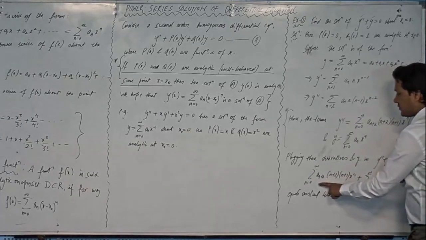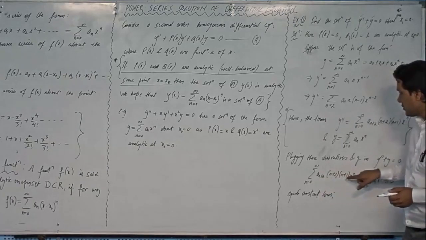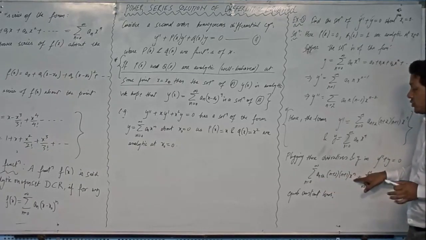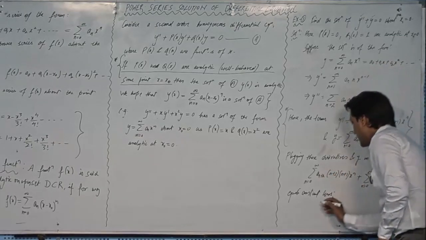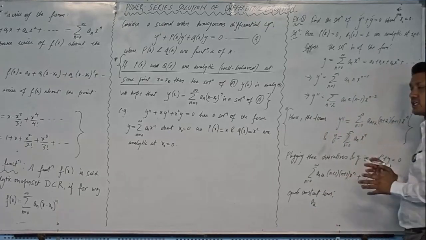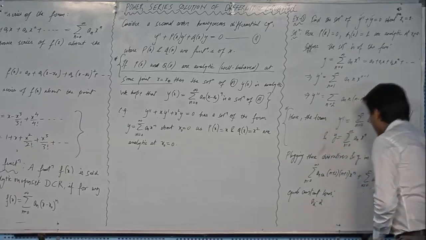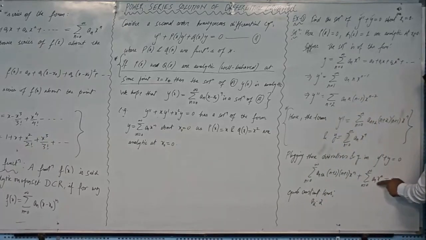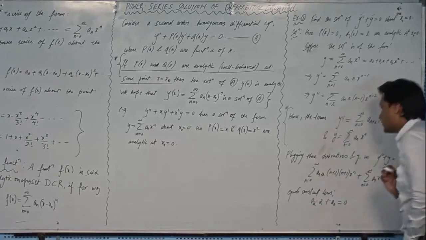First I will check this term, whether I am obtaining the constant term from this. Yeah, if I put n equal to 0 here, this will become 1. So I hope that I will get a constant term, and that will become, putting n equal to 0 here will produce a2 times 0 plus 2, 0 plus 1, that will ultimately become 2 times 2. And from here, putting n equal to 0, I will obtain a naught plus a naught equal to 0, right?